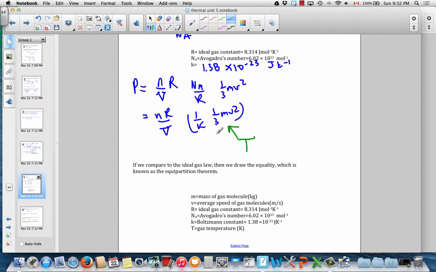If we're saying that this is temperature, then we can say, let's start off like that: 1 over k, 1/3 mv squared is temperature.